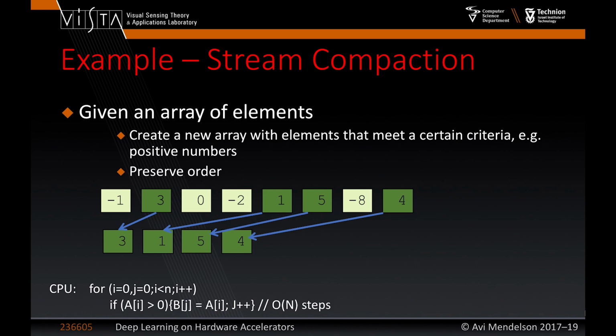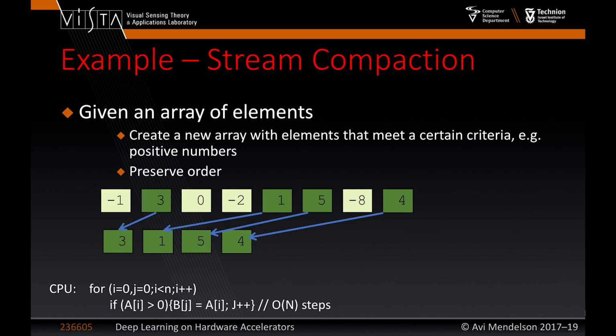Let's take an example where you want to take this vector and gather all the numbers which are greater than 0 and put them in another vector with the same order. To do it on the CPU, you need to run a loop that will be order of n. N can be as large as you wish. And this is the way to do it.